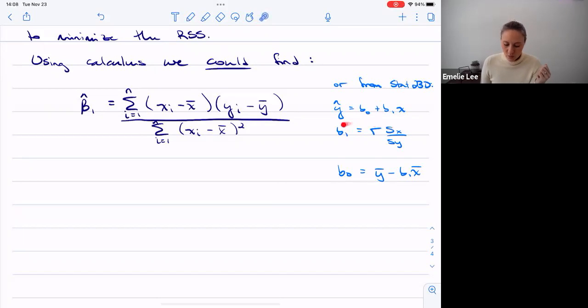Okay, we can work this out, and this actually becomes the same thing that we have here. So x_i minus x bar, and if I square that and add them all up, and then divide by n minus 1 and take the square root, then I have the standard deviation of the x's.